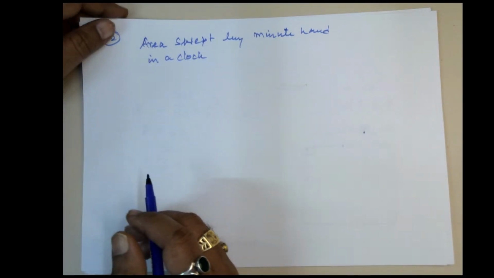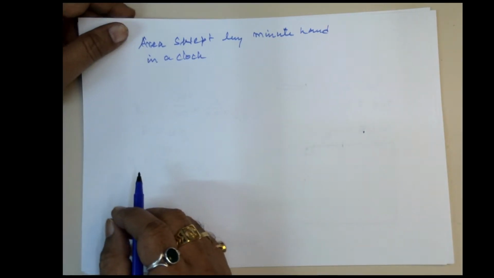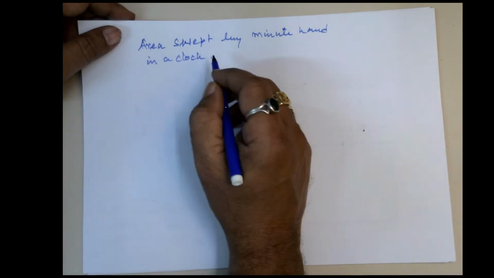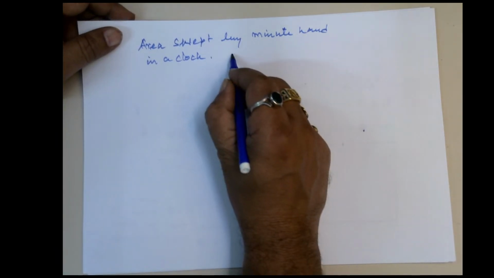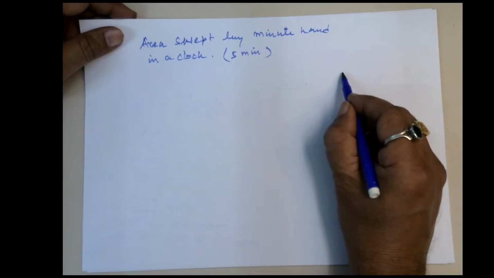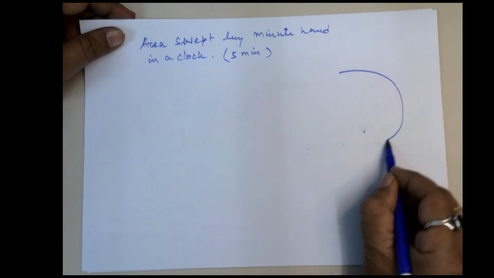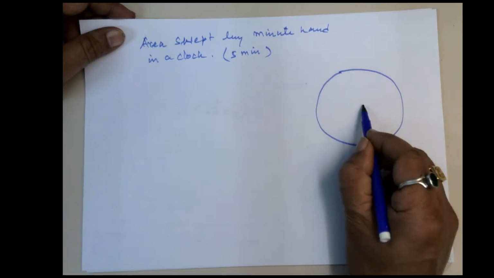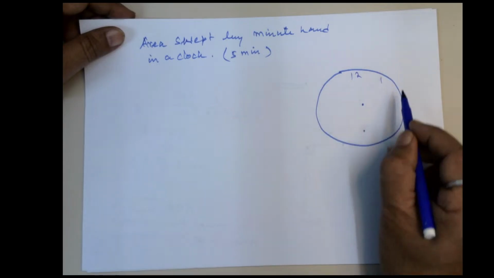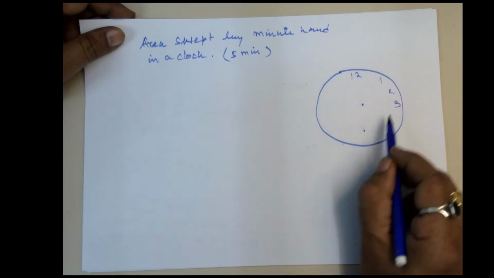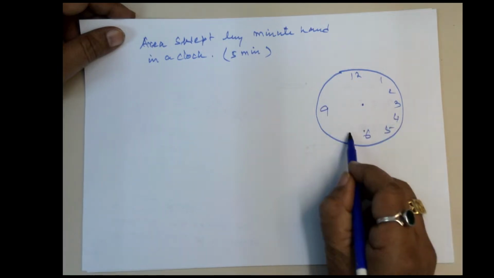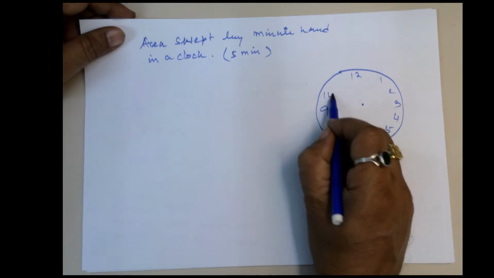Let me say the minute hand sweeps 5 minutes. So in that case, how to work out? This is the clock and you have 12, 1, 2, 3, 6, 9. That is 4 and 5 here, 7 and 8 here, 10 and 11 here.